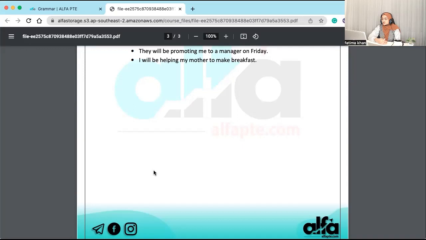You use this for actions that will continue up until a certain point. Okay. Like future perfect and future continuous, it is used with a specified time, like in 10 minutes, in 5 minutes, in 2 minutes, in an hour, in 5 days.